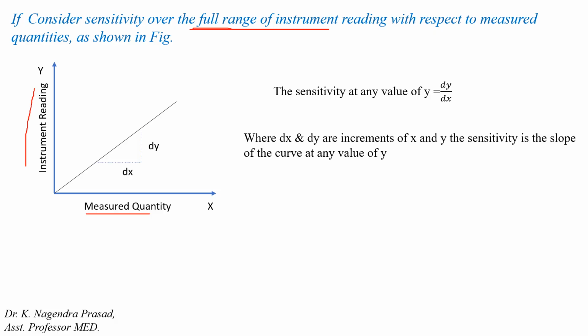Then sensitivity at any value is dy by dx. Here dx and dy are the increments of x and y. So sensitivity is the slope of the curve at any value of y.